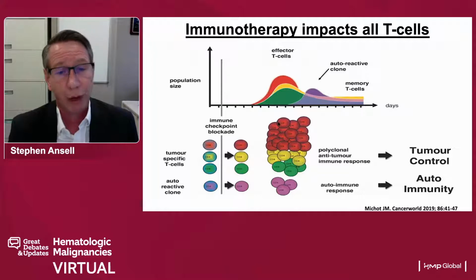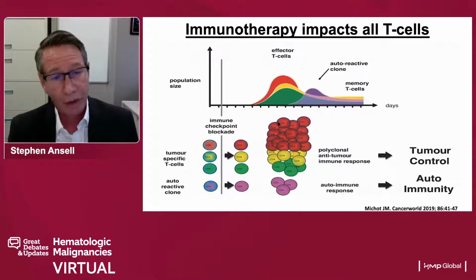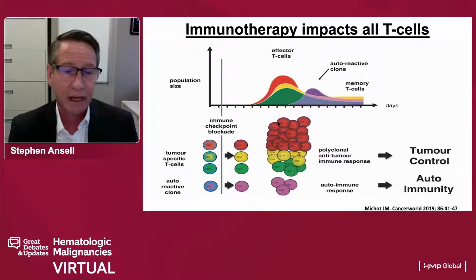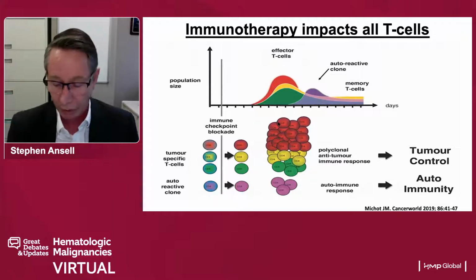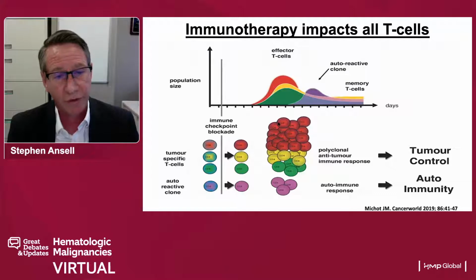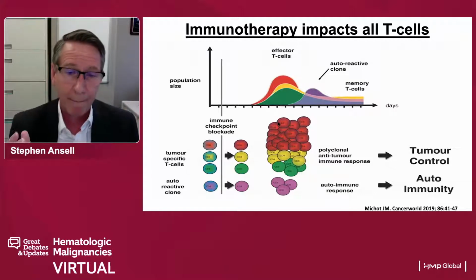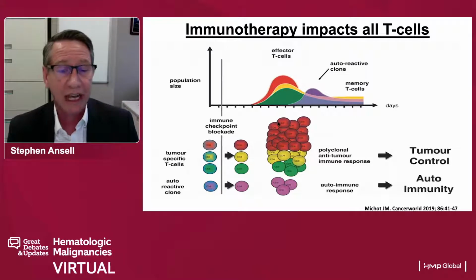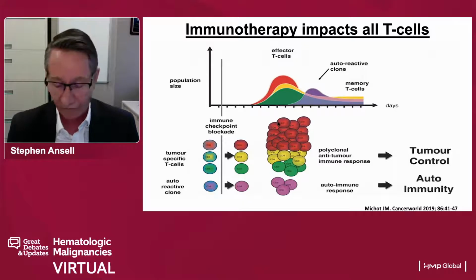So when you block inhibitory signals, promote activation, or change the phenotype, there will be an effect on all of those cells, and hence the side effects can also be seen in the patient at the same time as the beneficial effects that you've achieved as you've activated the immune response. The typical thing we want to try and create a balance in is sufficient tumor control while minimizing autoimmunity and other T cell non-specific effects.